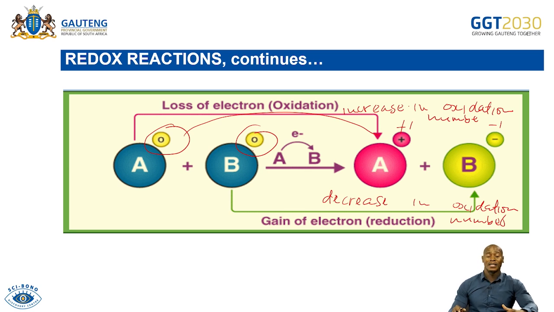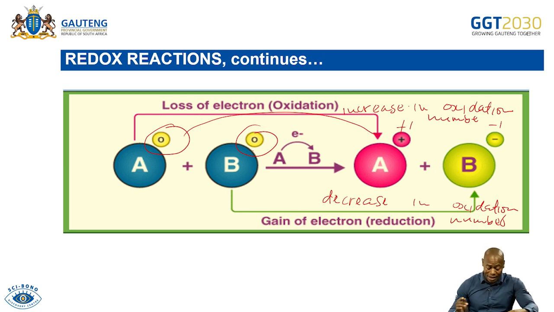We can talk about the oxidizing agent. Yeah? So we'll talk more about the reactions. Our focus today is to identify the reducing agent and the oxidizing agent, the substance that is being reduced and the substance that is being oxidized. Okay, so between A and B, which substance is the oxidizing agent? Which substance is the reducing agent?